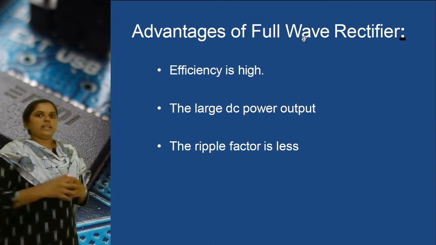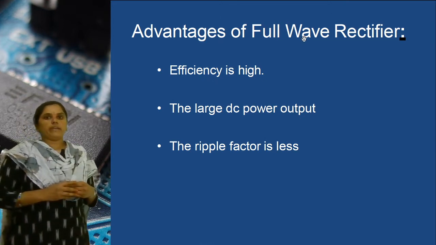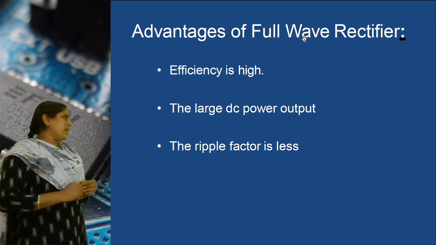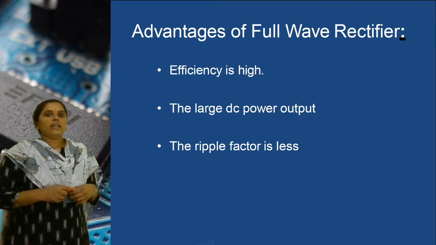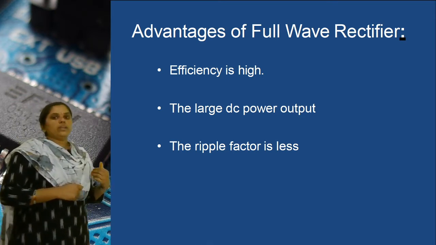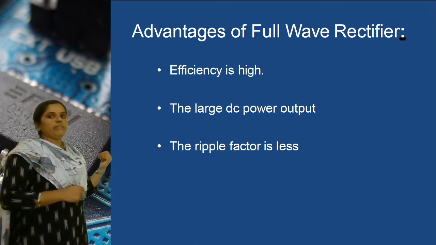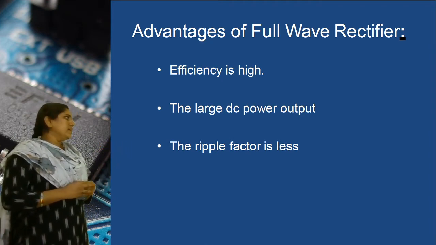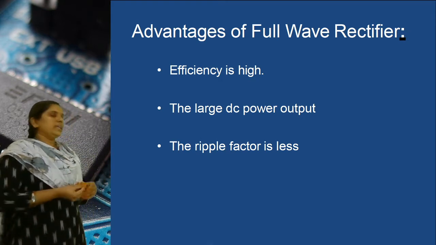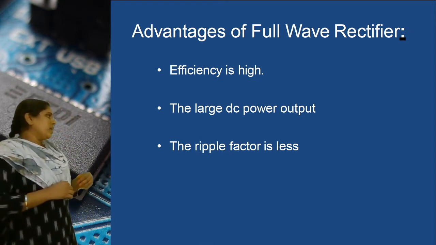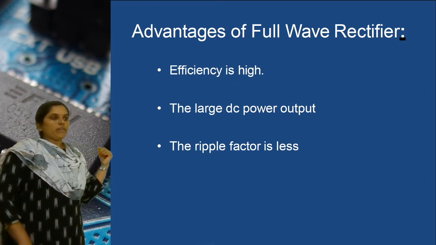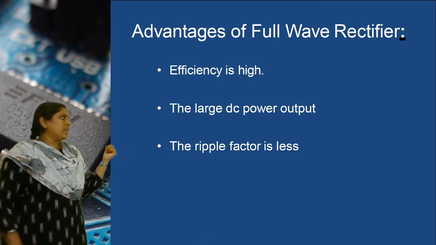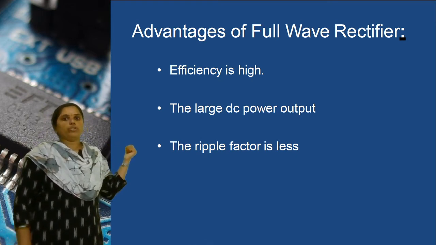Next, these are the advantages of the full wave rectifier. Compared to the half wave rectifier, the efficiency is increased here. The ripple factor is decreased. The efficiency of the half wave rectifier is 46%, while here the efficiency is increased to 81.2%. Next, the ripple factor is decreased. In the half wave rectifier, the ripple factor is 1.21, so we get more ripples at the output of the rectifier.